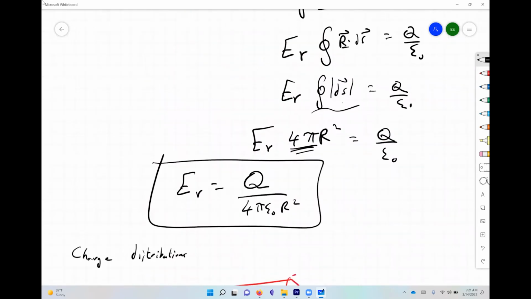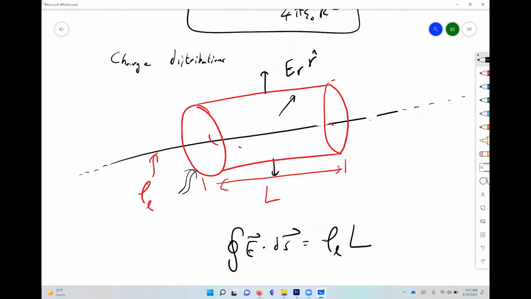Here from the symmetry, I know that the field coming out of the cylinder, let's call it E_r r hat, I'm using cylindrical coordinates now, due to symmetry has to be equal everywhere on the cylinder. Furthermore, on the sides, it will be perpendicular to ds, the vector representing the surface.